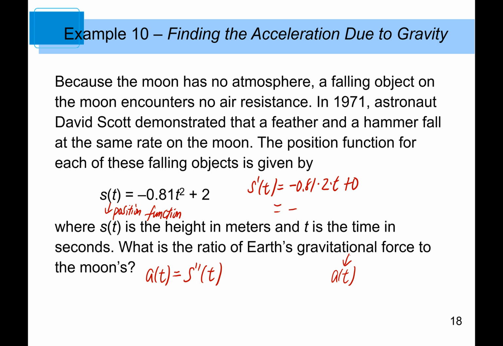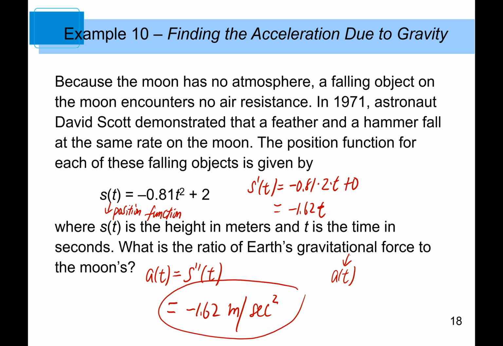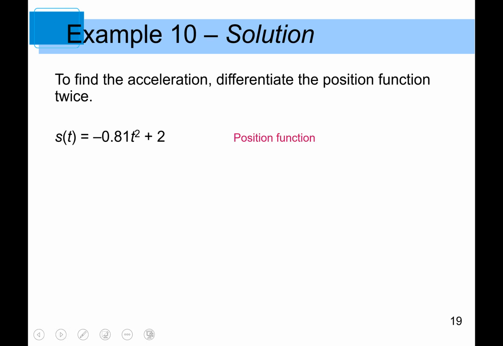So we end up with negative 1.62 t. Then s double prime of t will be negative 1.62. And this is in meters per second squared. Okay, so that's our gravitational force on the moon, which is the acceleration function.